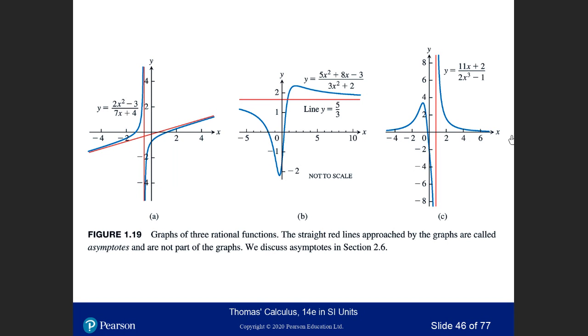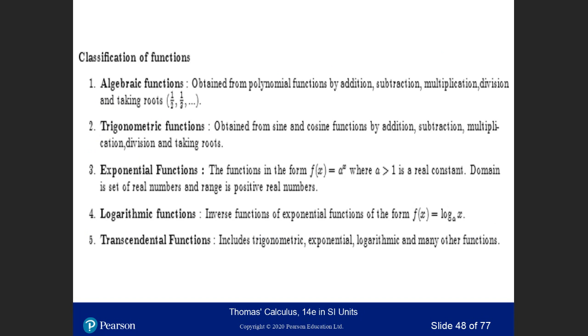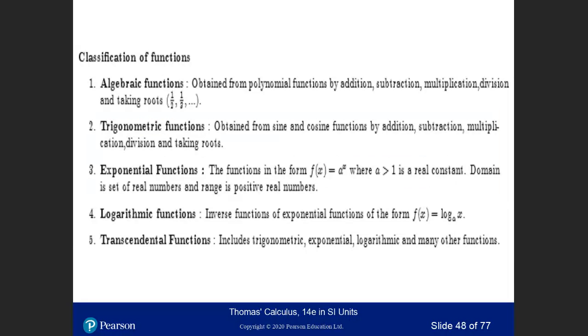Okay. Let's continue with functions and graphs. Okay, now that's a general classification. Algebraic function is one family of functions. It's obtained from polynomial functions by adding, subtracting, multiplying, and dividing.